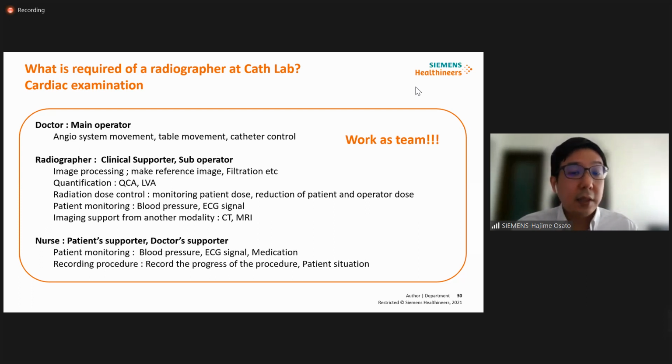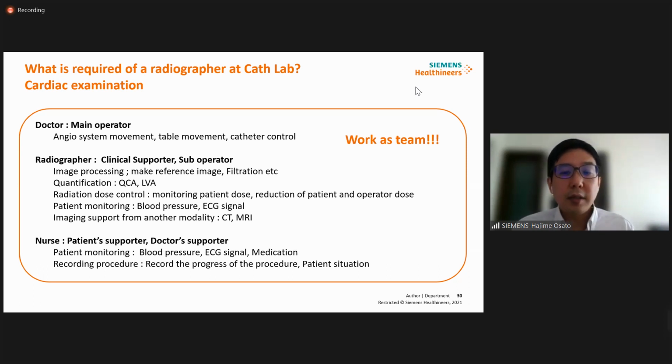And quantification tools are important. The doctor requests to calculate stenosis rate by quant applications. Dose controlling is also important for cardiac cases.